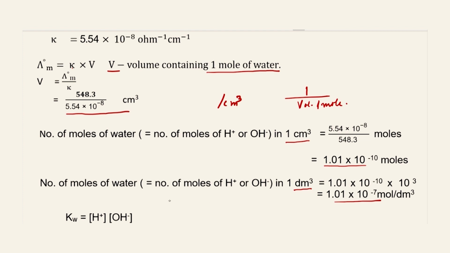We know that from 1 mole of water, you have 1 mole of H plus ions and 1 mole of OH minus. What does it mean? If you take 1 mole, here also you will be getting 1 mole each. So, whatever is the molar concentration of water, the same will be the concentration of H plus ions and OH minus ions.